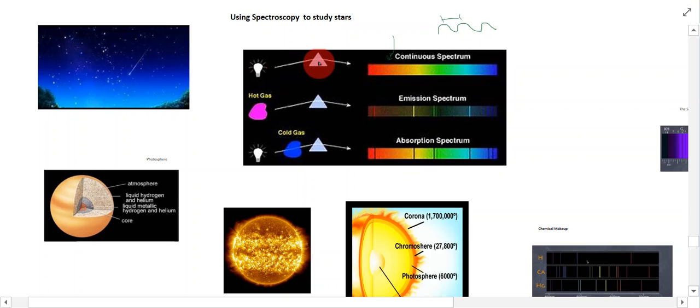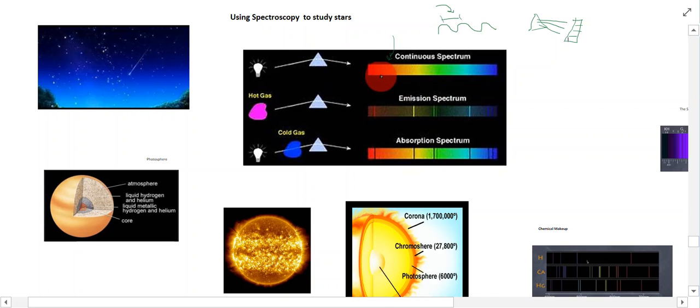If you pass this through a prism, then depending on this length or wavelength of light, the light will be bent at different angles. So if this is your prism, each of these wavelengths of light shows up as a line on your spectrum.